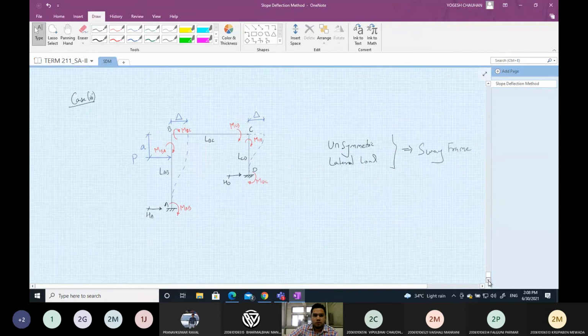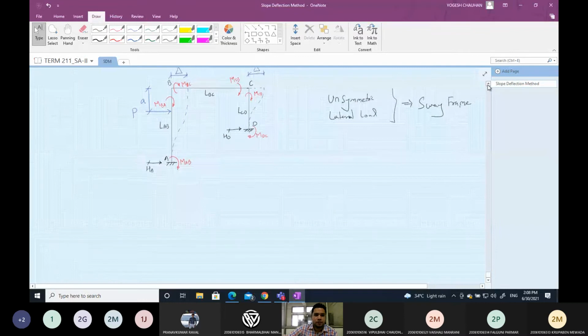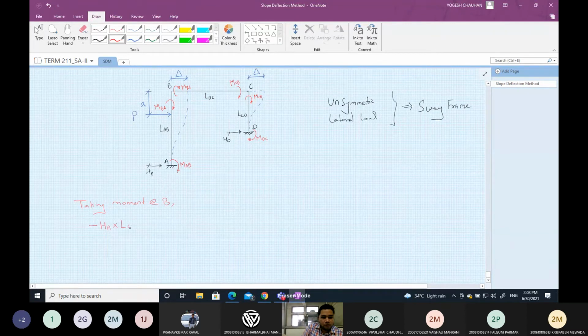So now let us formulate the additional condition for this case. Same as earlier, taking moment at B, we will have minus HA into LAB plus MAB plus MBA.